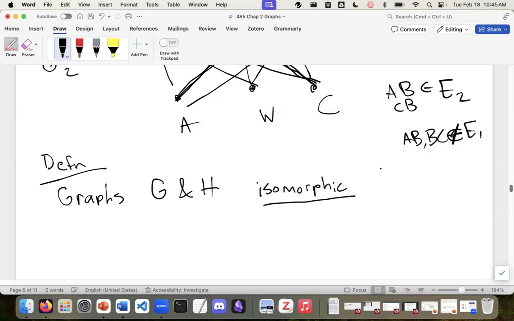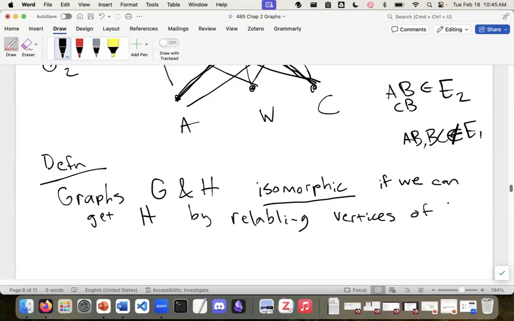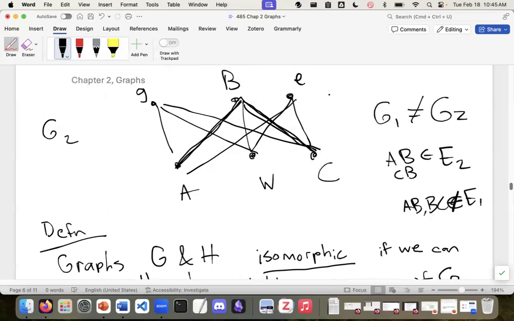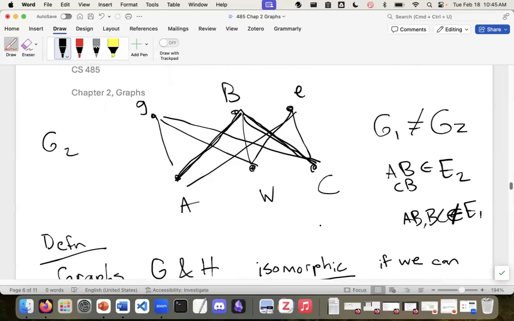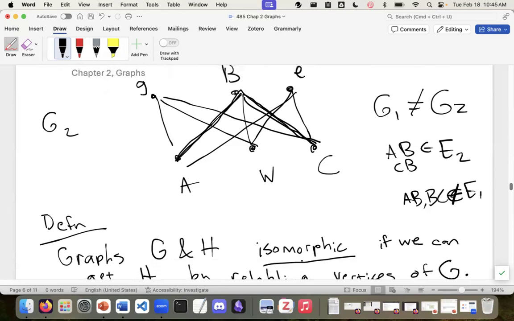And that means that if we can get H by relabeling the vertices of G. And so we can do this, like if we relabel G2, we can get G1. So that's just swapping B and E. So like we can look at it and it has the same structure, but if we just swap the labels, relabel, we can get G1.